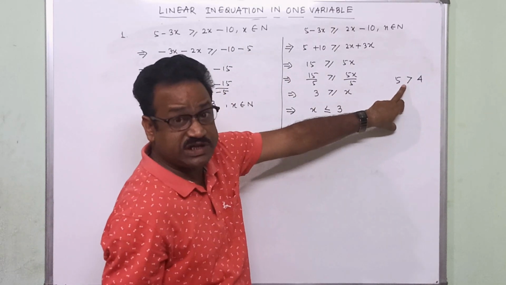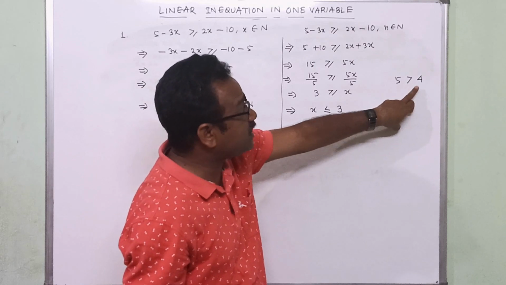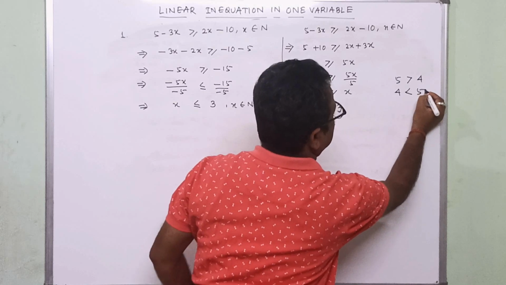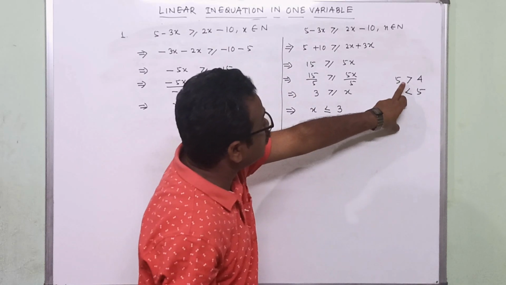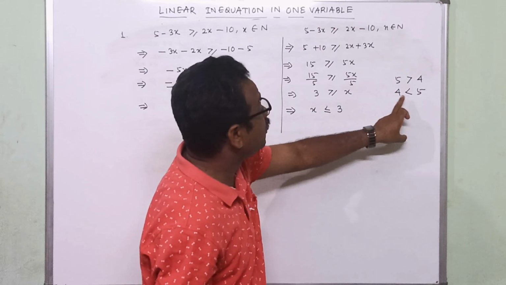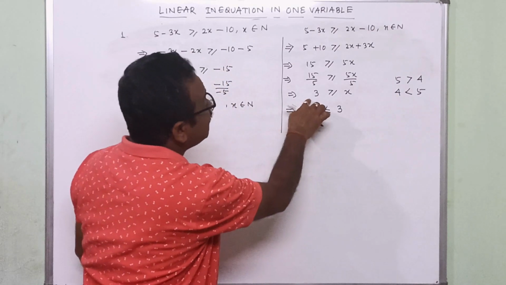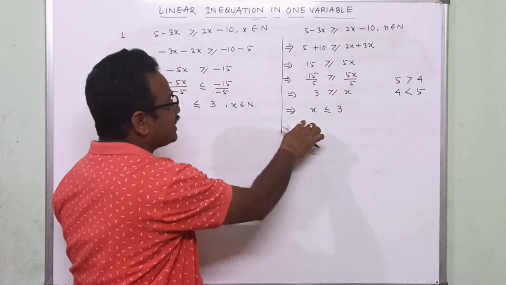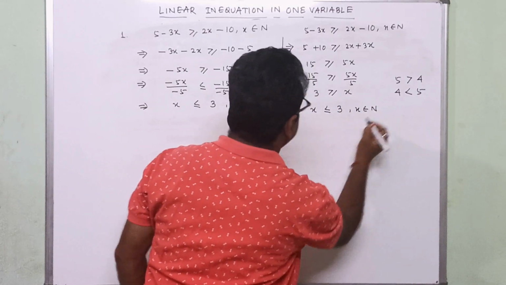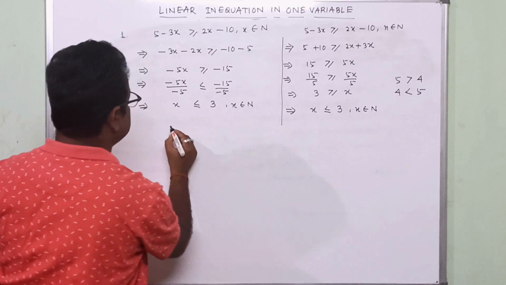See the open mouth, towards 5. Now I'll write here 4, open mouth towards 5, so 4 less than 5. When 3 greater than equal to x, then x less than equal to 3, x element of N. Now the solution set.